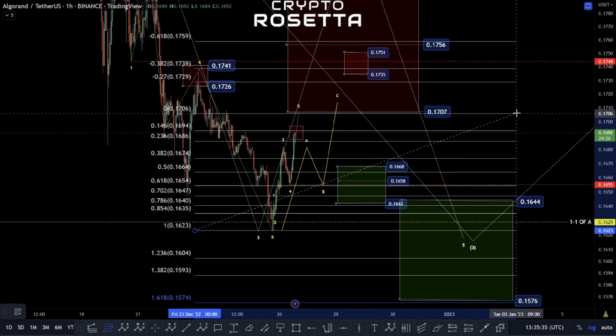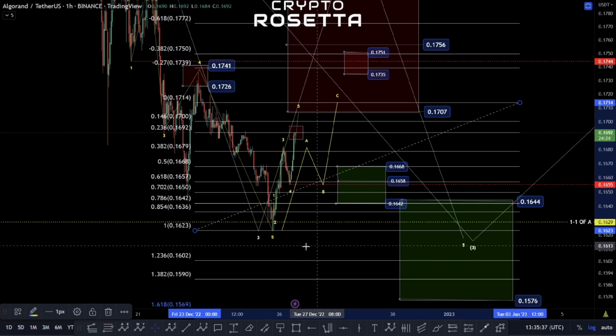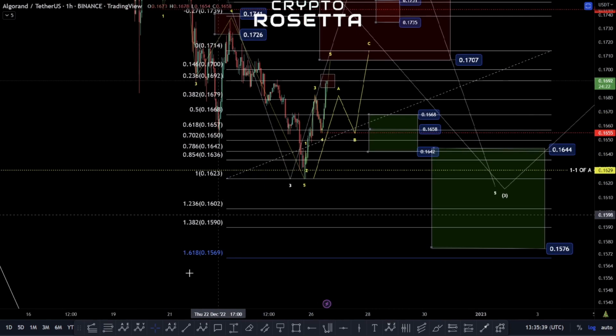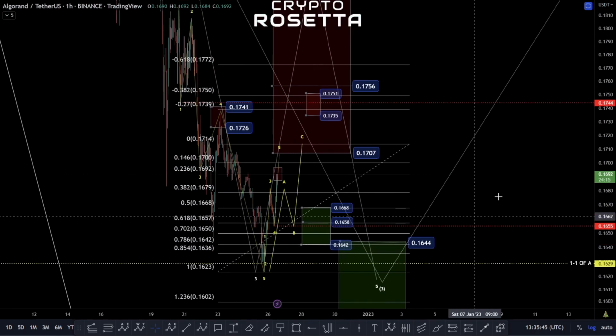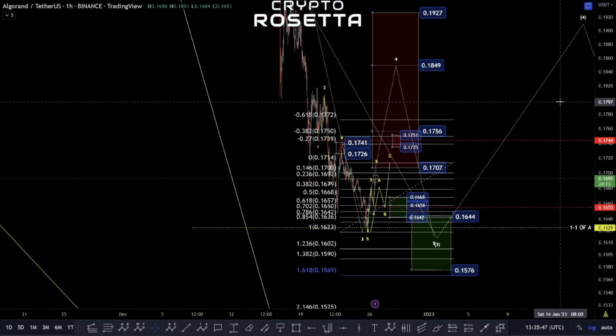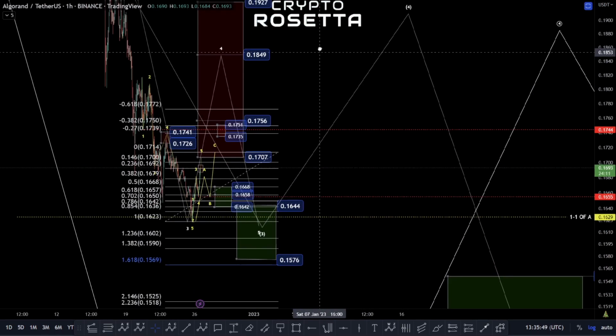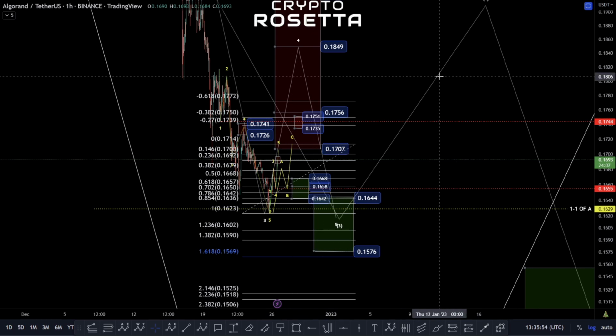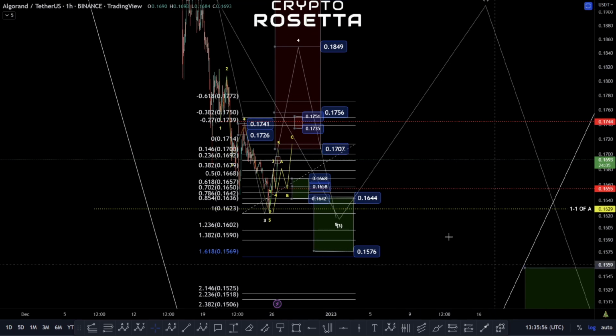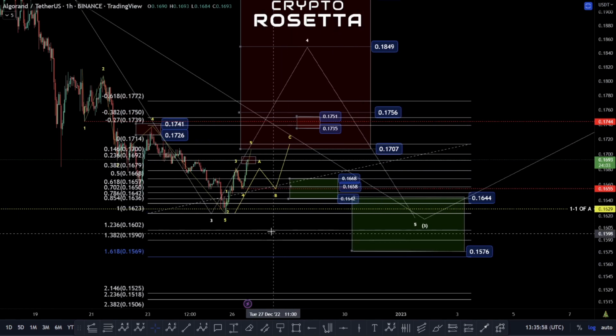If we go to that 1-to-1 that we said with that C wave, we could look to drop back down to the 1602 to this 1569 area. Even with that said, we are still looking for the potential that we have this additional fourth and fifth wave here. So we just need to be aware that even if we do start to rally from that point, I would still be looking for further rejection to the downside.